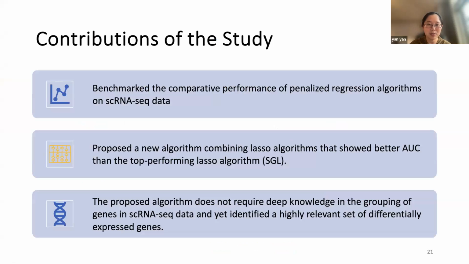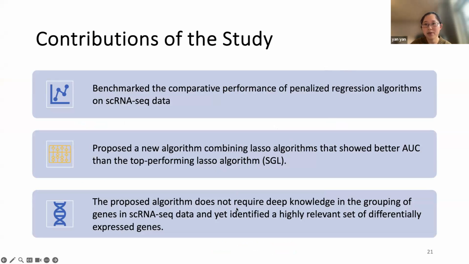So to quickly summarize on this part of the study, we benchmarked 7 different penalized regression models on 4 different RNA-seq data sets. And with that understanding, we proposed a new algorithm combining different penalized regression, and it shows a slightly better AUC compared to the top performing single algorithm.